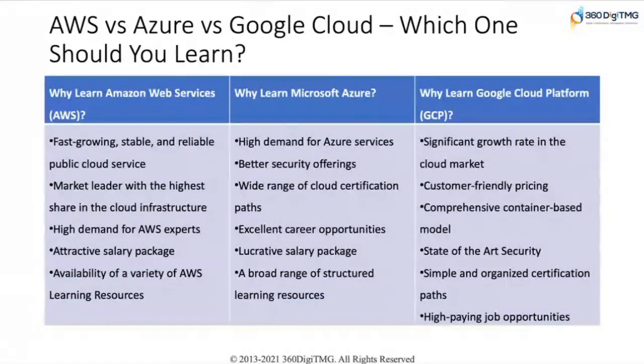If you want to switch careers, or if you are a fresher, or someone already in IT, or in a non-technical sector, it's better to go for all these three clouds, and especially GCP and Azure, because just now I told you AWS has huge demand and also huge competition.